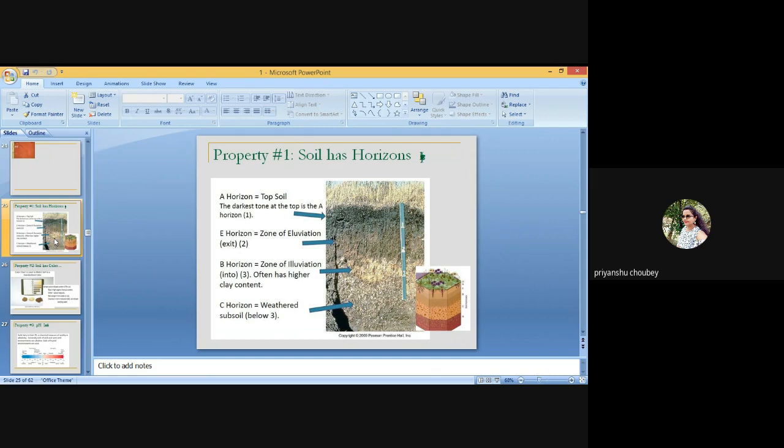The World Reference Base for Soil Resources (WRB). There are many systems in a group of classifications, but there is no universally acceptable system for soil classification, even after hundreds of years.